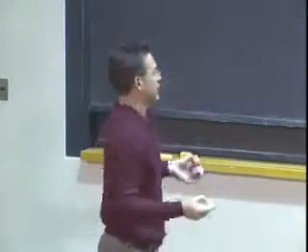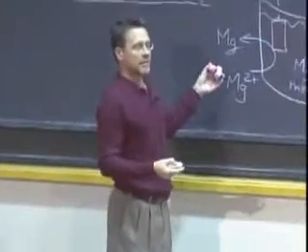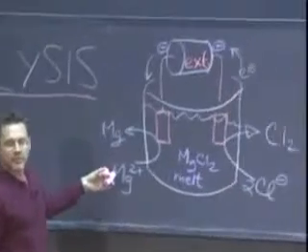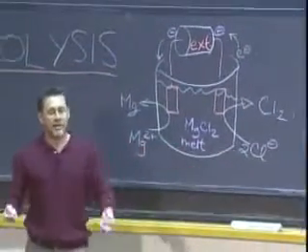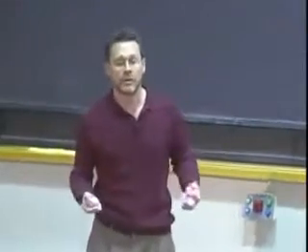So that's an electrolysis reaction in which something that doesn't want to happen, namely the reduction of magnesium 2+ to magnesium 0 by chloride ions, that's non-spontaneous, and we're forcing it to happen by applying this external potential.